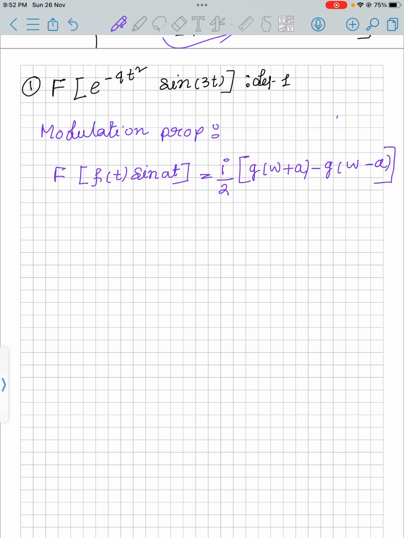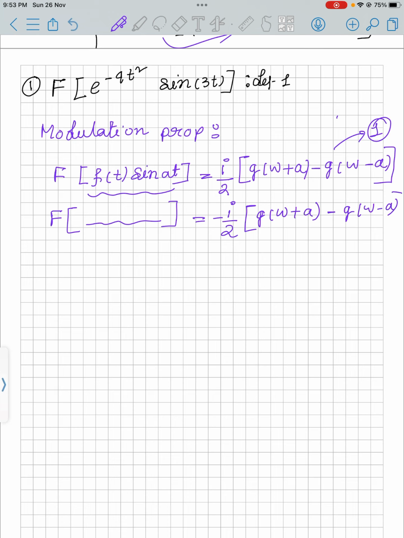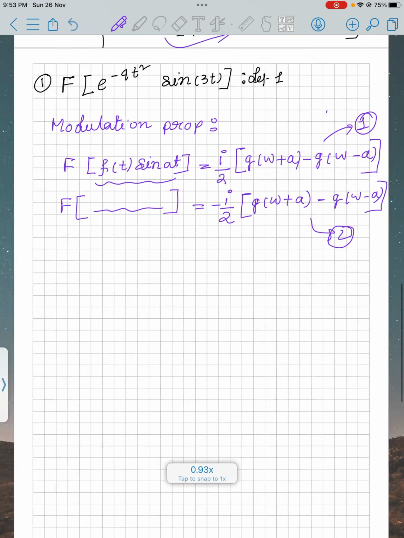This will be using definition 1. And for the other formula, you will write this here, and here will be a minus sign, and by 2 [g(omega plus a) minus g(omega minus a)]. This is using definition 2. Okay.